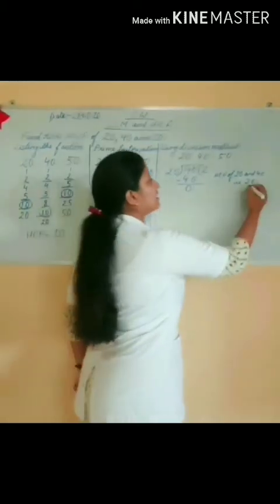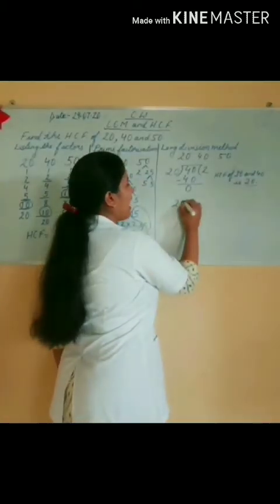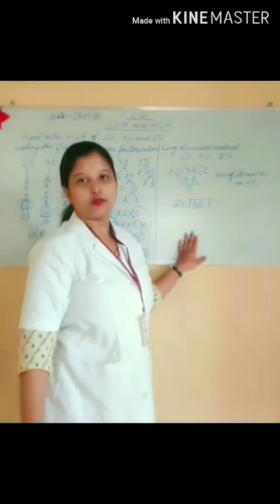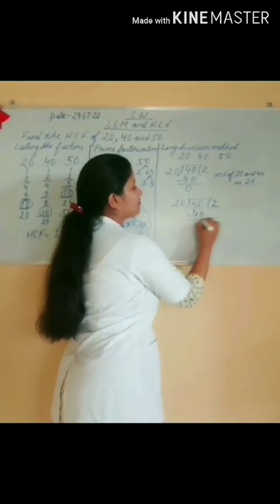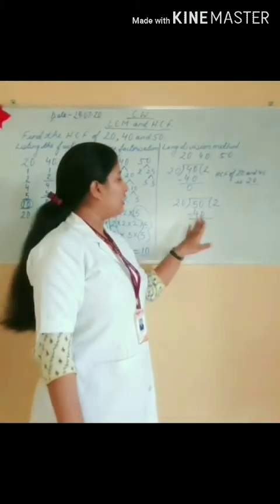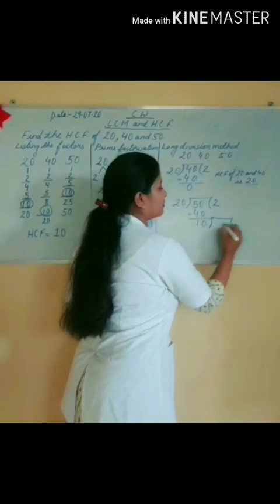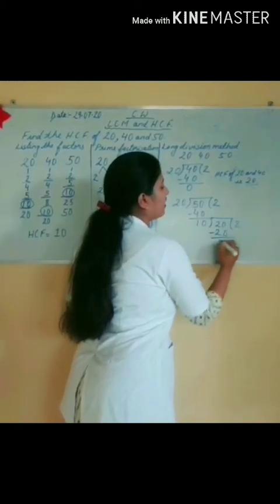Now we will take this HCF and the third number, 20 and 50. Now we will divide 50 by 20. 20 times 2 gives us 40. Now our remainder is 10. Now we will use this 10 to divide this 20. 10 times 2 gives us 20.